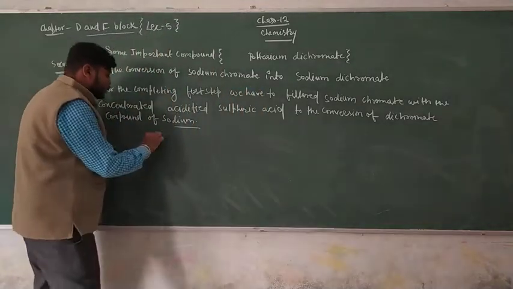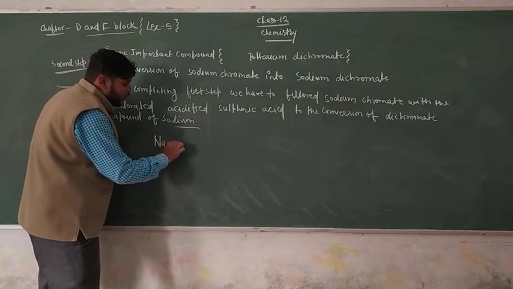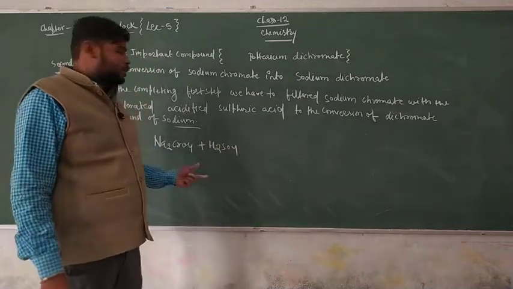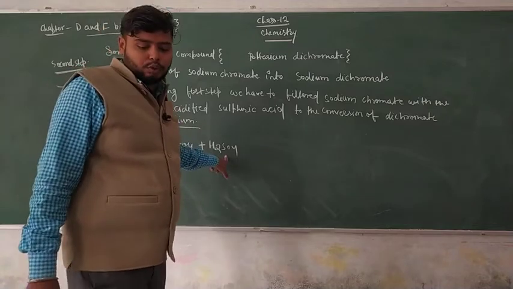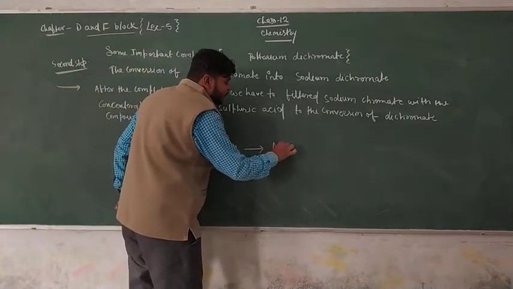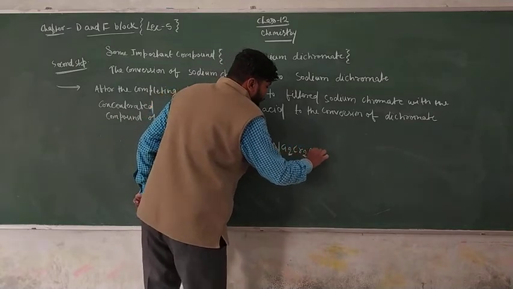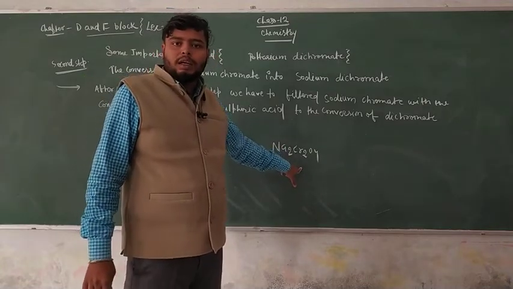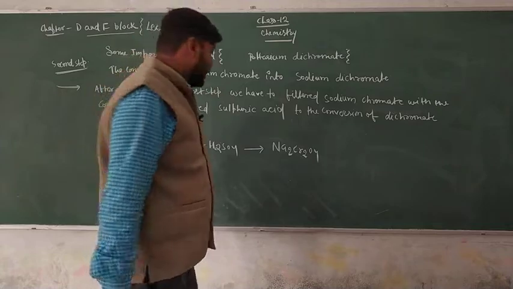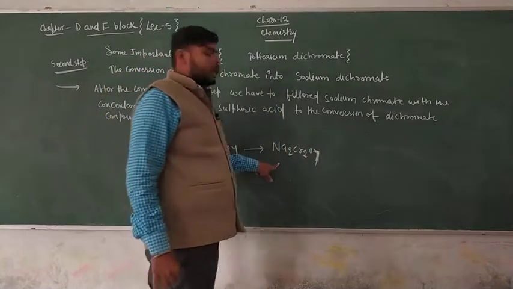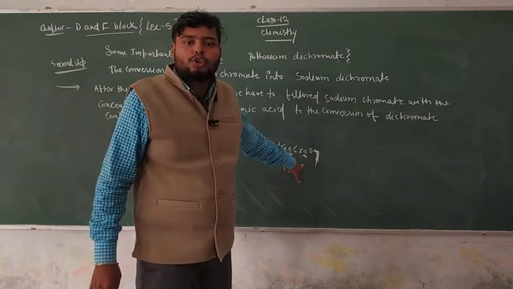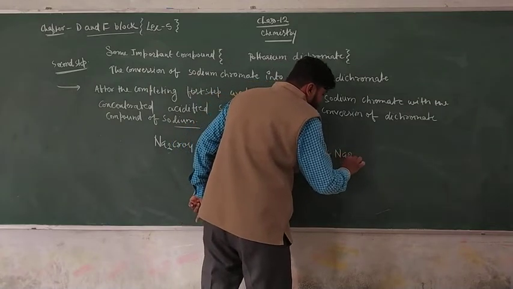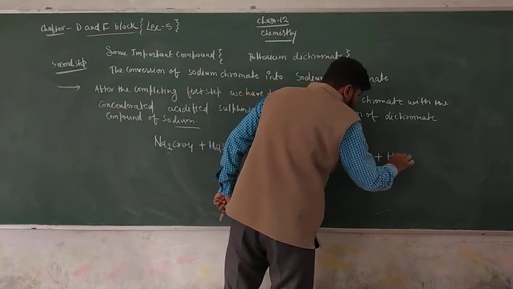Na2CrO4 is combined with H2SO4. This sodium chromate combined with H2SO4 gives Na2Cr2O7, that is, sodium dichromate is prepared, and some other compounds are also formed: Na2SO4 plus H2O.